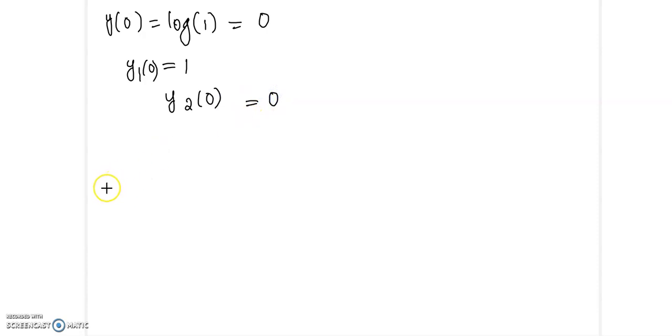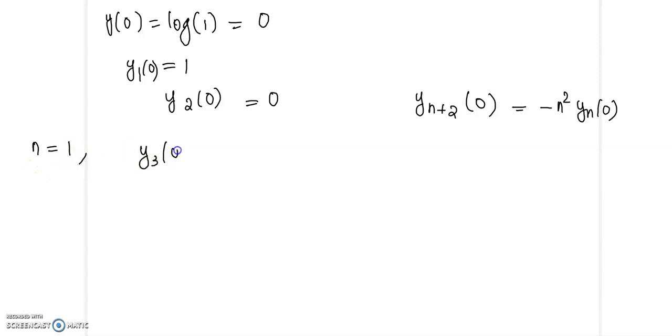So these are the initial values we have, and we have the recurrence relation y_{n+2} at 0 is equal to minus n^2 y_n at 0. So let us find the values. When n is equal to 1, we get y3 at 0.